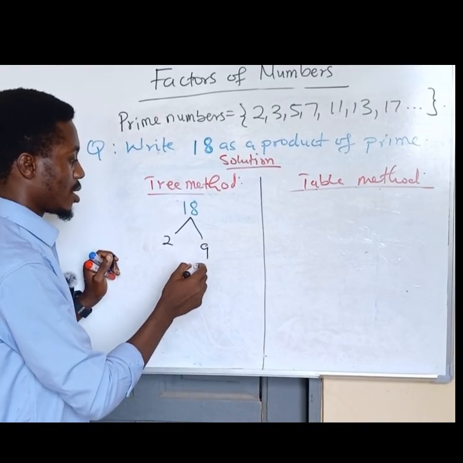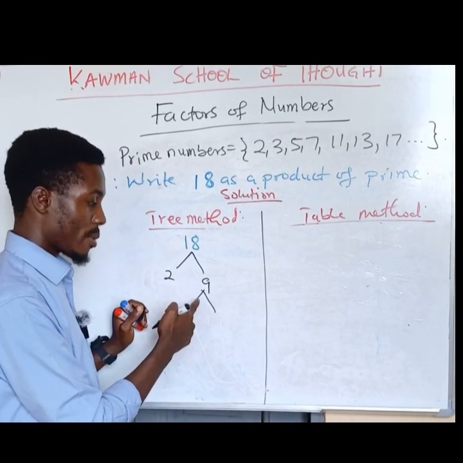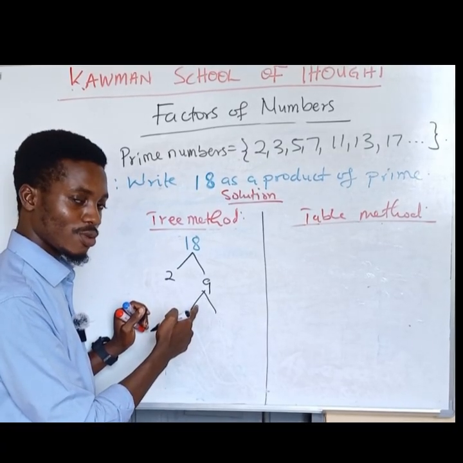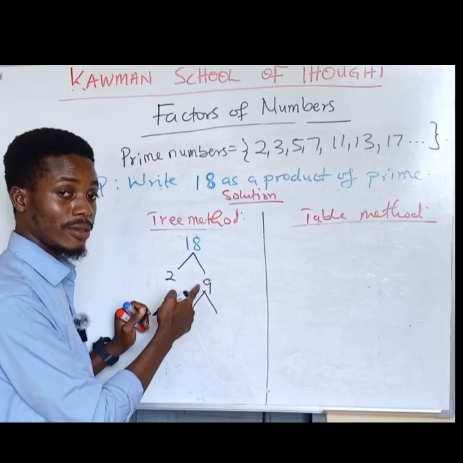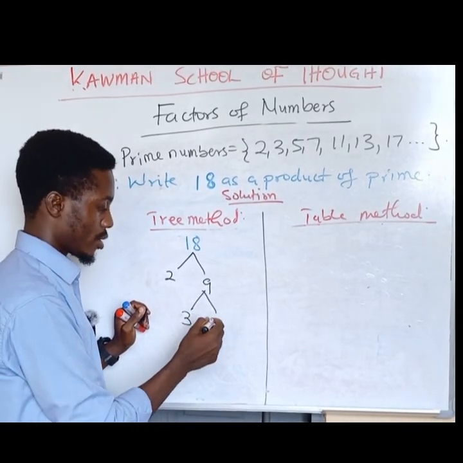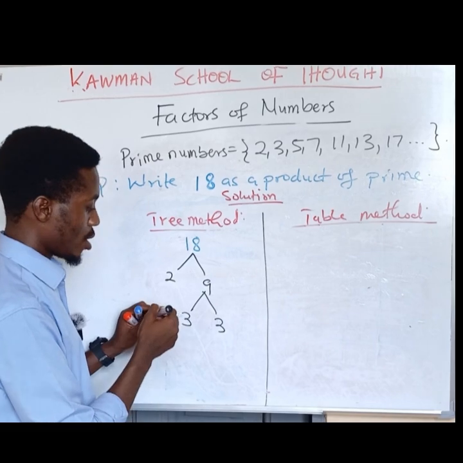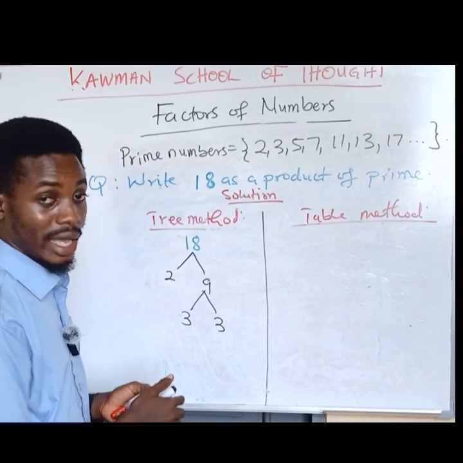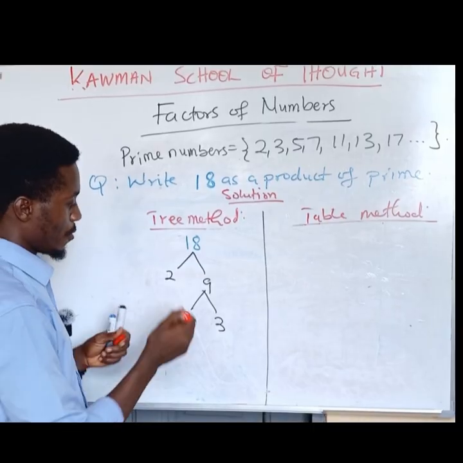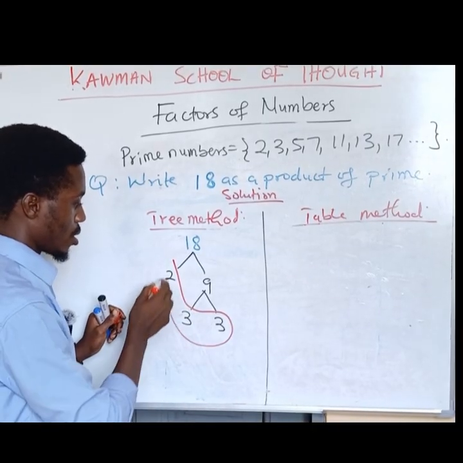That's 9. Then we focus on this 9. What prime number divides this 9? Not 2. 2 can't divide this 9 because it's not even. So 3. 3 times 3 gives you 9. Basically you can end your answer here. You can focus on these numbers here.